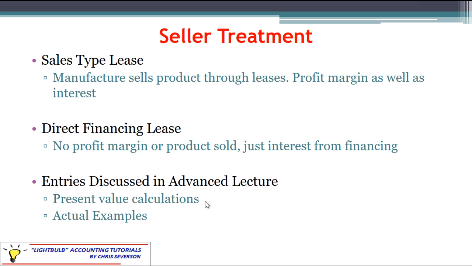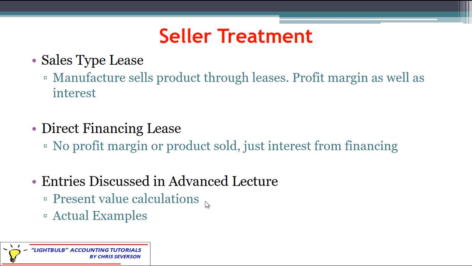It really depends on what they are in the business of doing. If they are an equipment manufacturer who also happens to lease their product out, this would be a sales type lease. So this is when a manufacturer sells the product through leases. They offer that flexible payment option.